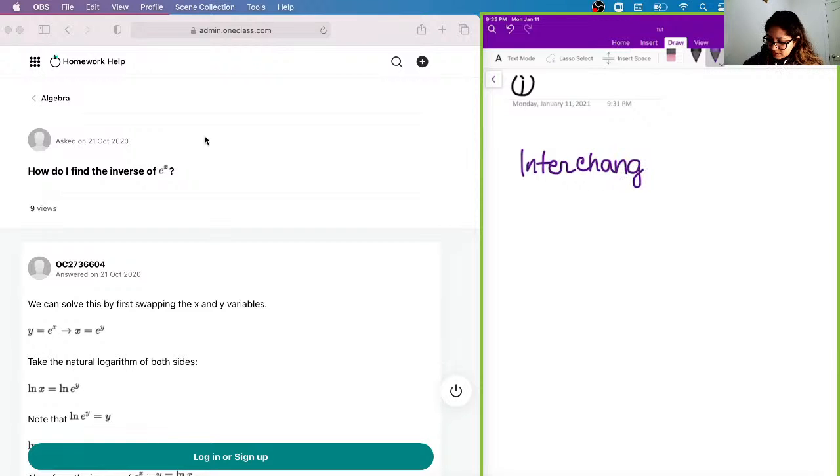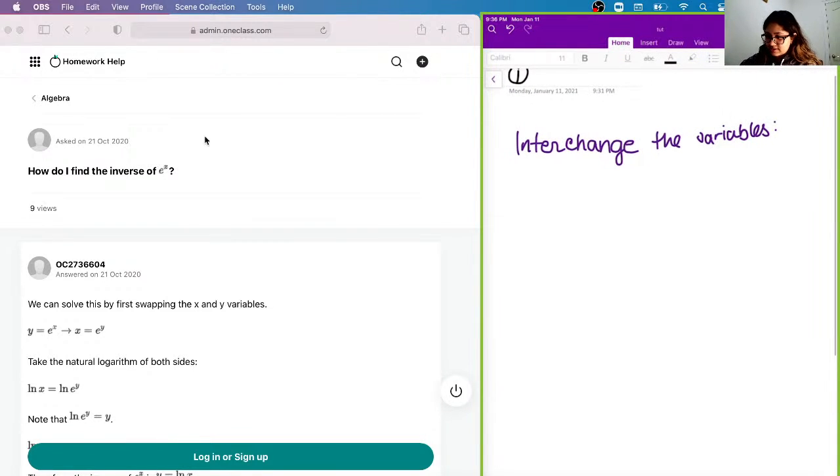A normal exponential function looks like y is equal to e to the power of x.